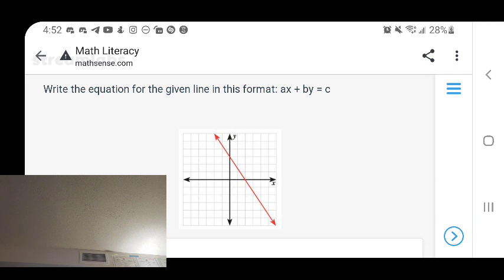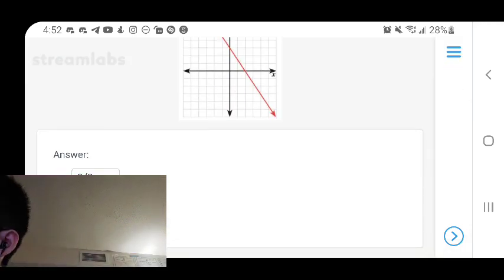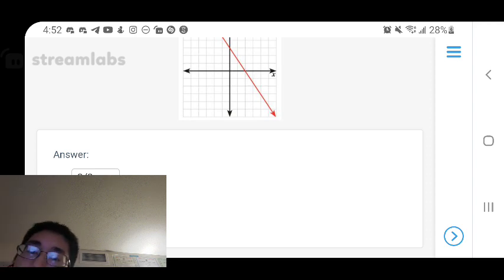I still got that answer. 4 times 3 halves minus 3 times 1 is 3. Might be a typo, but I'll just move on. 12 divided by 2 is 6, minus 3 is 3. Yeah, it works for that point too.